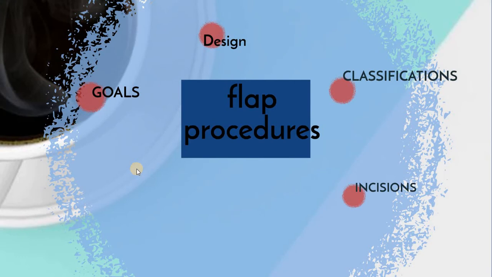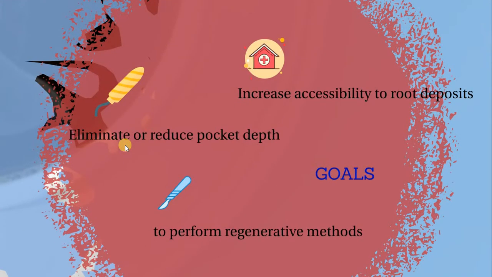Actually, the flap procedures, we are talking about four topics: the goals and designs, classification, and types of incision. Our goal in the flap procedure is to increase the accessibility to root deposits.